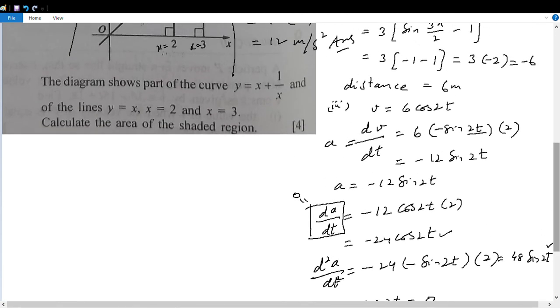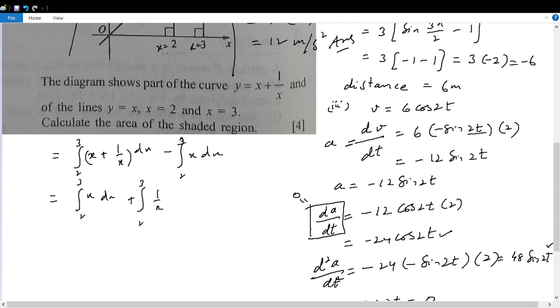So it will be equal to the integral from 2 to 3 of x plus 1 over x dx, minus the area under the line, x dx. If we separate them, it will be the integral from 2 to 3 of x dx plus the integral from 2 to 3 of 1 over x dx minus the integral from 2 to 3 of x dx.